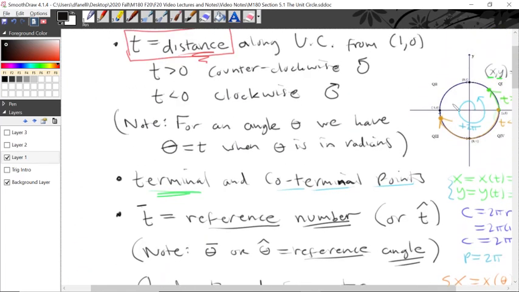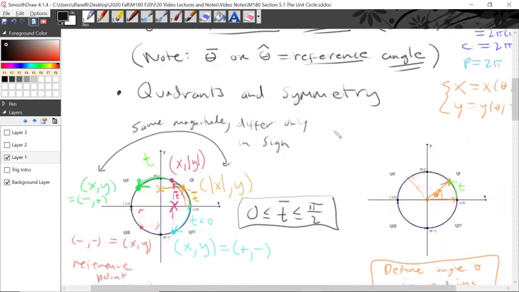And that can be interpreted as many, many rotations around the circle before we finally come to rest at some terminal point that has to have coordinates x and y. That distance of 1,000 pi can be associated as well to a reference number, right? Which is a number t bar that is again between 0 and pi over 2.